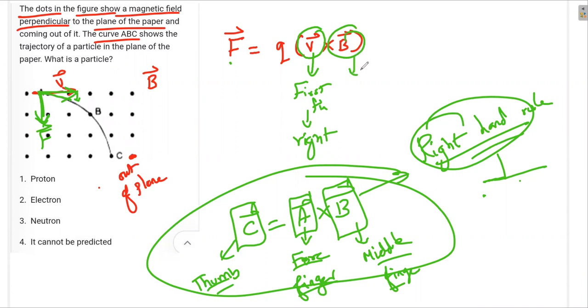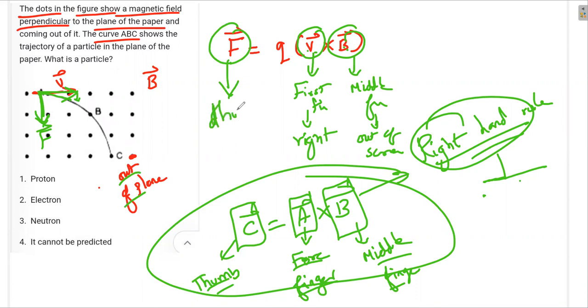The second finger, the middle finger, points out of the screen, since the field is out of the screen. If you do this, your force will automatically point downwards. Check your thumb: it points down.